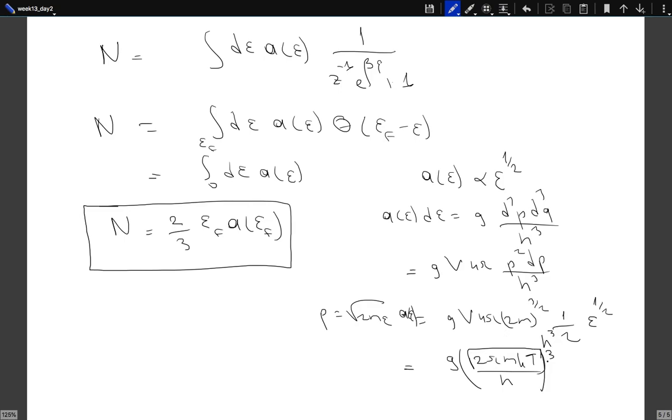Now let's see what is missing. 2m to the power 3/2 is already here. Here I just have a 2 pi. Here I have 2 pi square root of 2. So let me divide by square root of 2 pi. No, sorry, it's 2m over here. Here I just have 2 pi. Here I just have pi to the 3/2. So here I have 2 square root of 2 pi V epsilon to the 1/2.